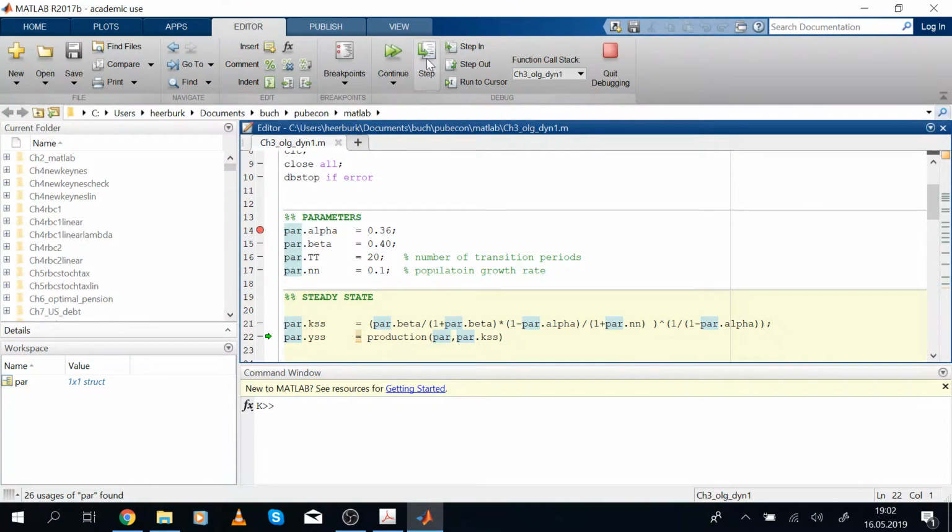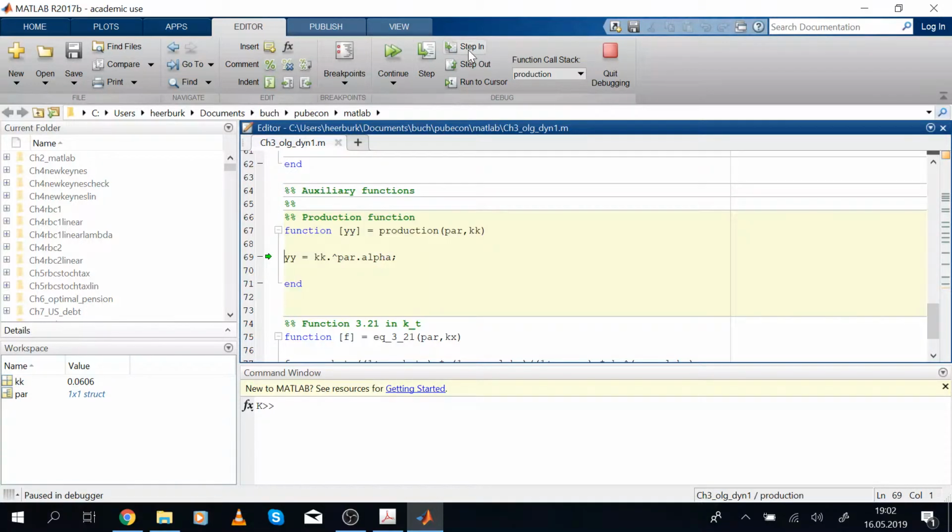For this reason, let's step in this function yy, which is the production function, and we pass the structure parameters which we will use for the computation of production per capita, k to the power alpha.